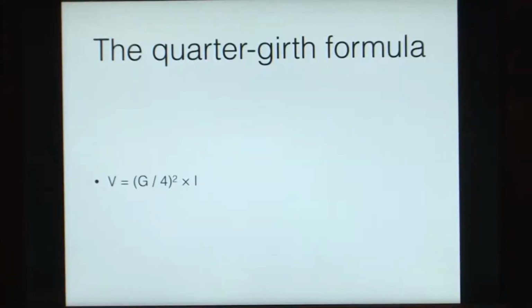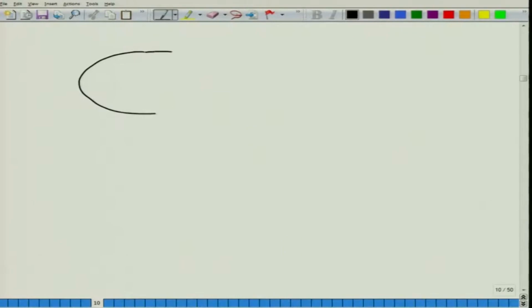So, the quarter girth formula is given by (G/4)² into L. Now, G in this case is the girth of a solid. So, for instance, if we considered a cylinder, so let us consider our log to be a cylinder.